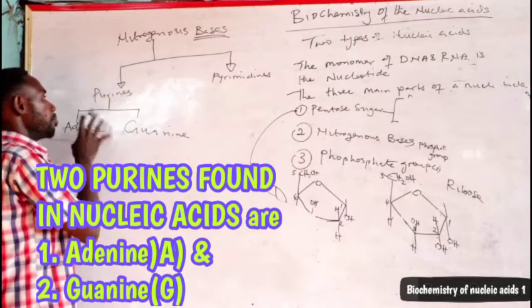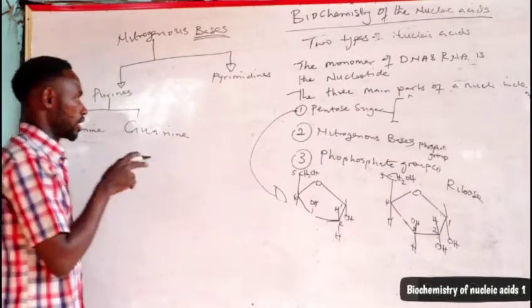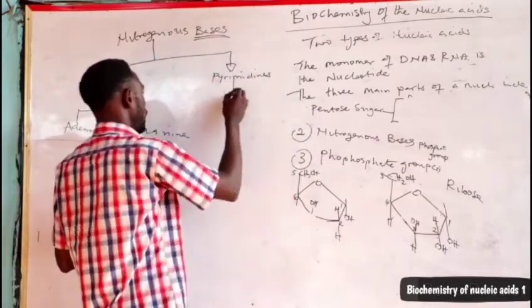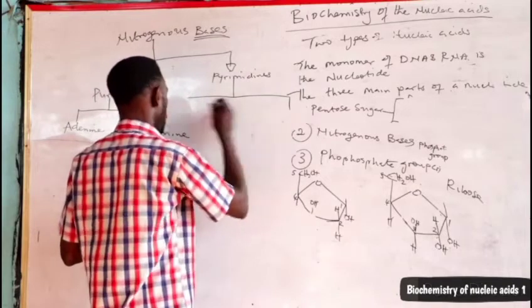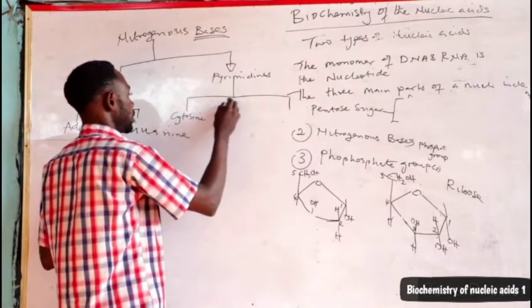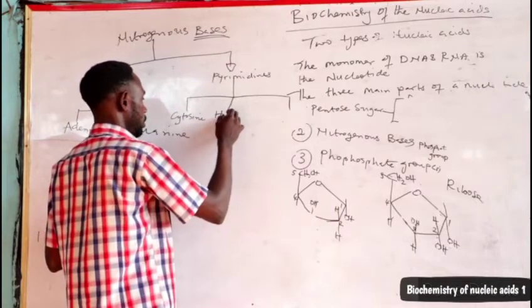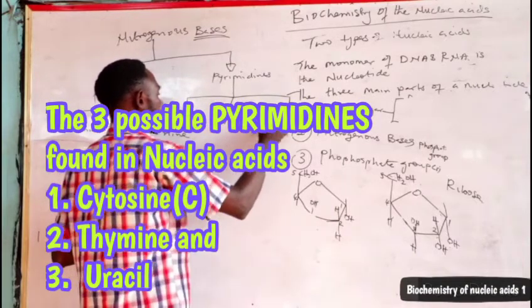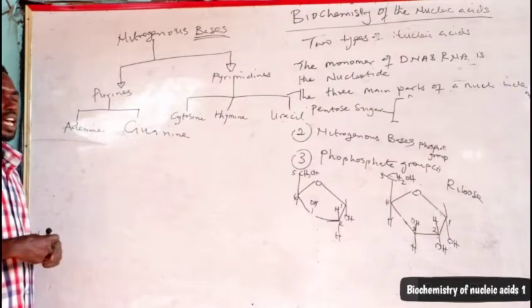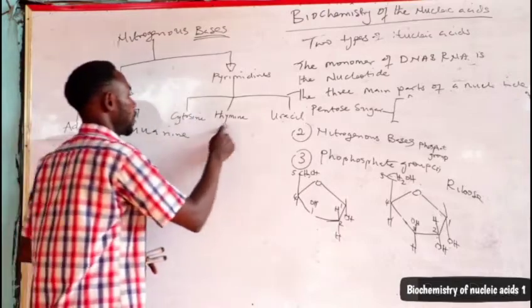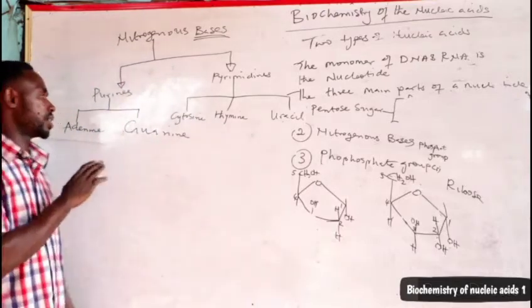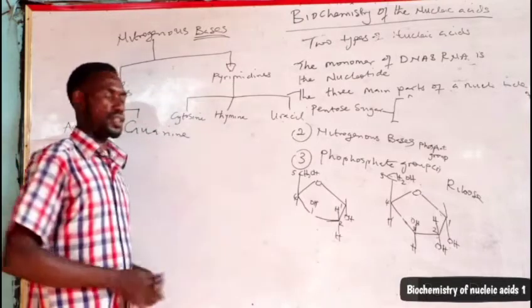Then for pyrimidines, we have 3 main common ones that can occur in a nucleic acid. They are cytosine, thymine, and uracil. So the total number of nitrogenous bases possible is 5: adenine, guanine, cytosine, thymine, and uracil.